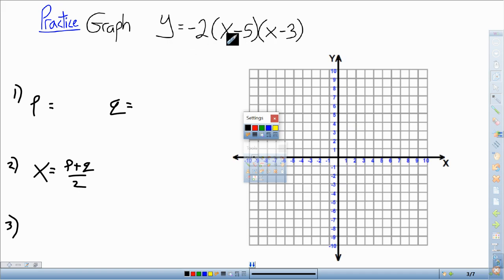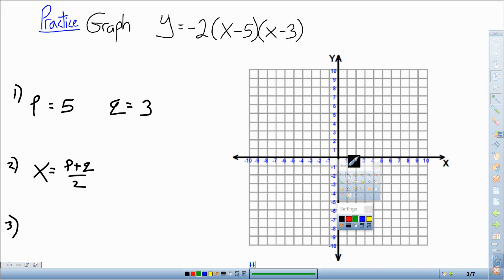Okay, so first things first, my p-value, the opposite of this number is a +5. Opposite of this -3 is a +3. So it looks like my x-intercepts, where it's going to cross the x-axis, is right there at 3 and right there at 5. Okay, just by the way, I noticed that my axis of symmetry is going to go directly between these two dots.